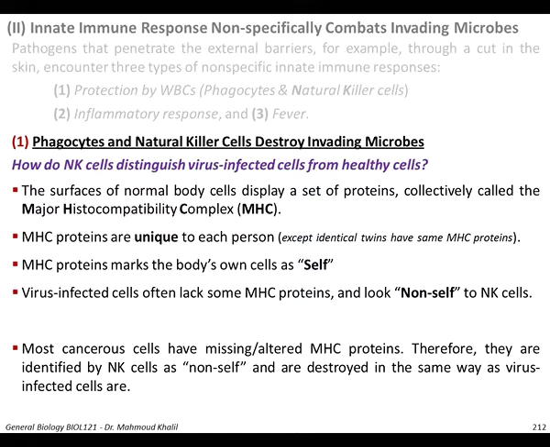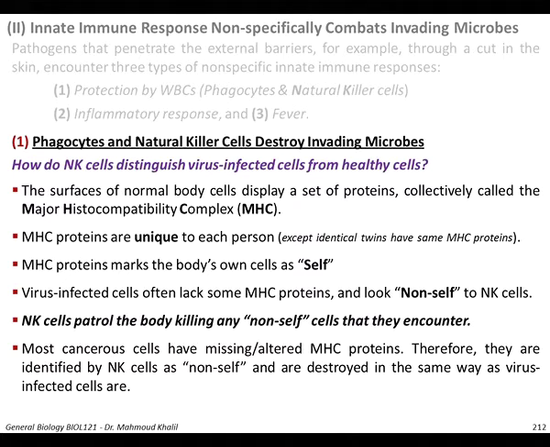So most cancerous cells have as well missing or altered MHC protein on the surface. Therefore, they are identified by the NK cells as non-self and can be destroyed in the same way as the virus-infected cells. So they punch holes, they make holes in the membrane, they secrete enzymes inside these cells and destroy them.